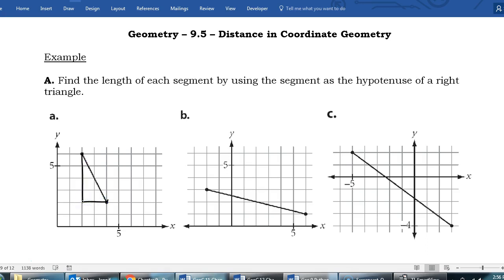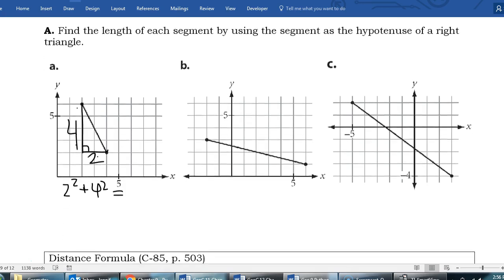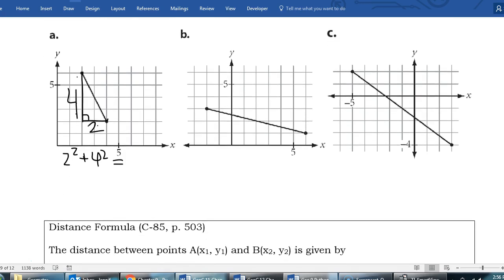I can easily count that that segment is 2 boxes long, and this one is 4 tall. So I can now use my Pythagorean theorem to just say 2 squared plus 4 squared, and then I throw a square root on that, and it'll tell me the length of the diagonal segment. 2 squared is 4, 4 squared is 16, 16 and 4 is 20.